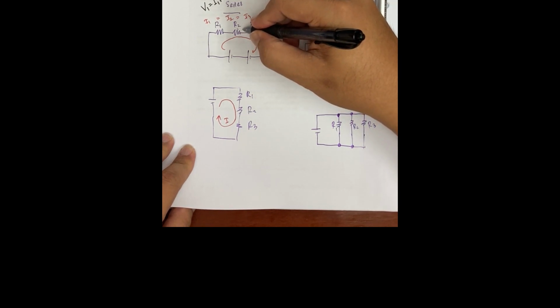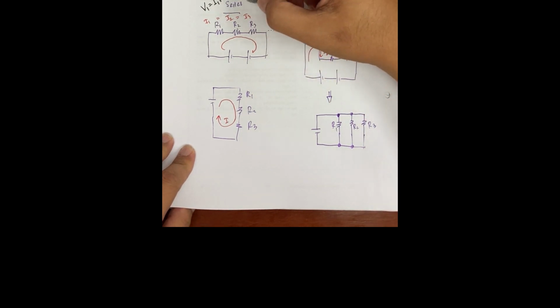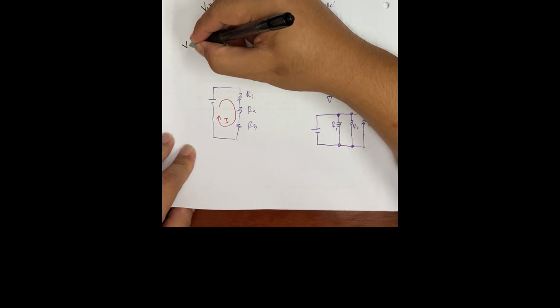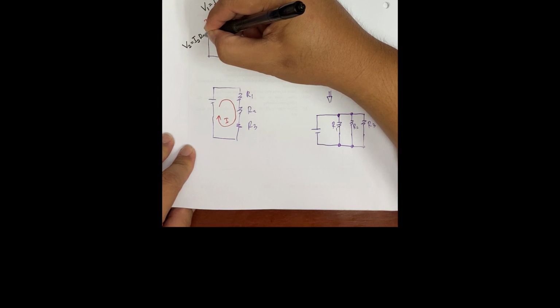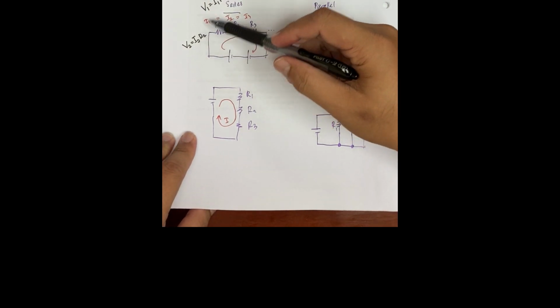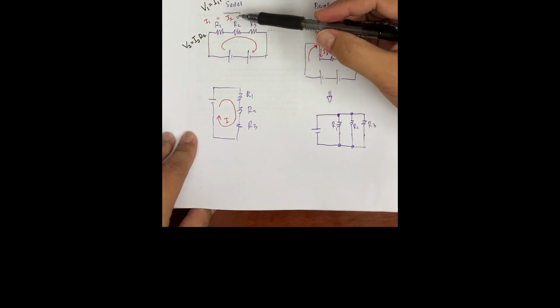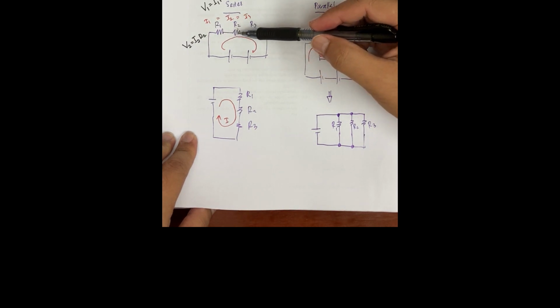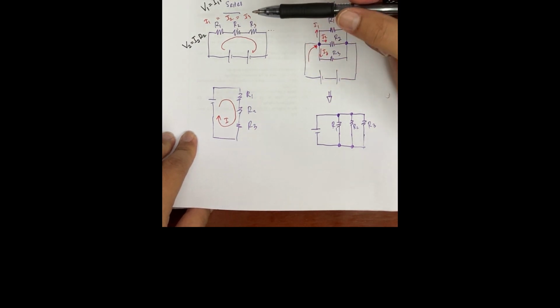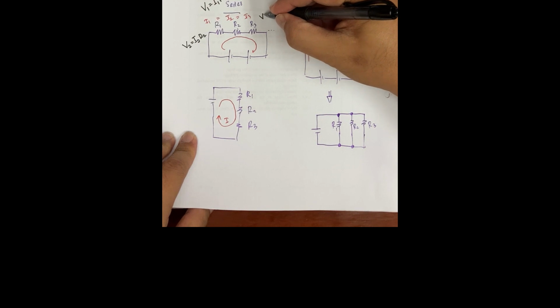Same goes for V2. If you want to find V2, V2 equals I2 R2. But bear in mind that I2 and I1 are the same. If you have the value for I1, you will have the value for I2 and I3. Same goes for V3. V3 is equal to I3 R3.